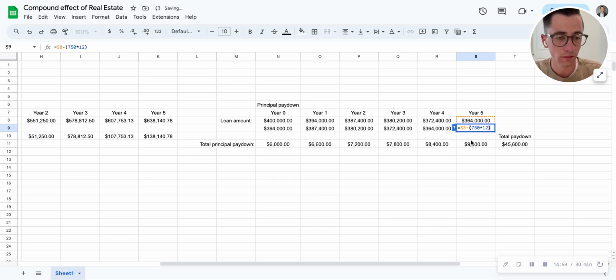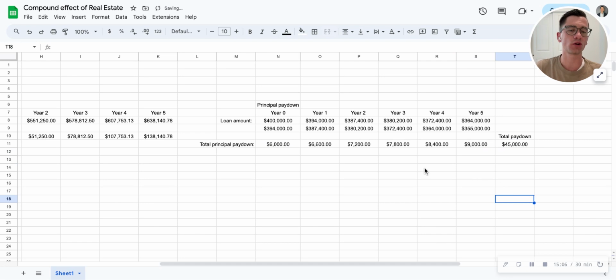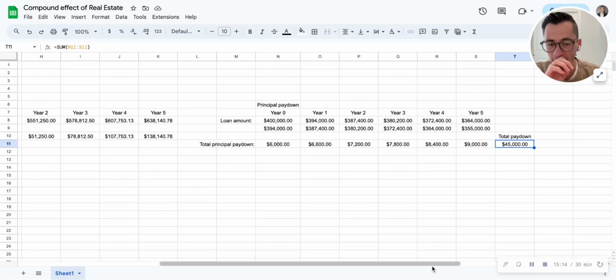I think that's what I was saying here. Okay, so there you go. There's your total pay down, right? Again, it wouldn't be exactly that. It could be higher or lower. But that's your total pay down after 5 years, okay?